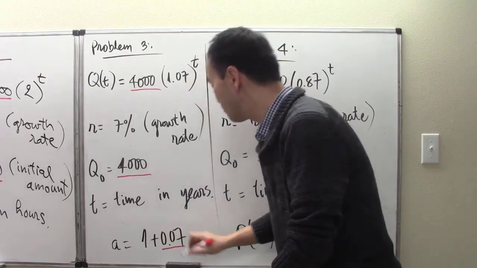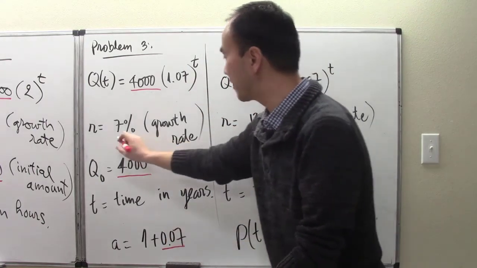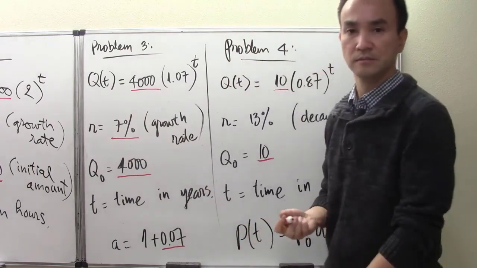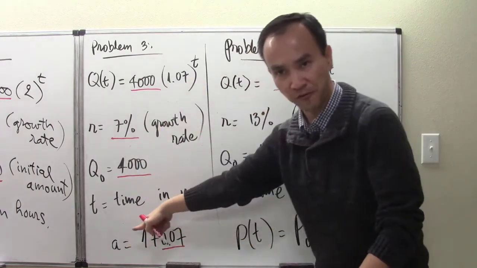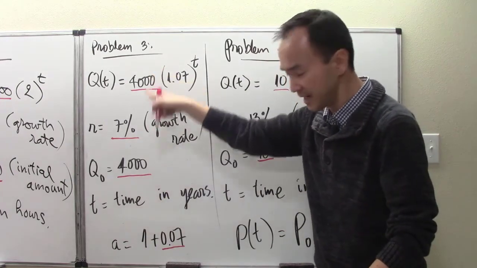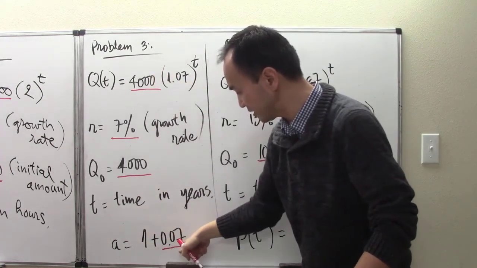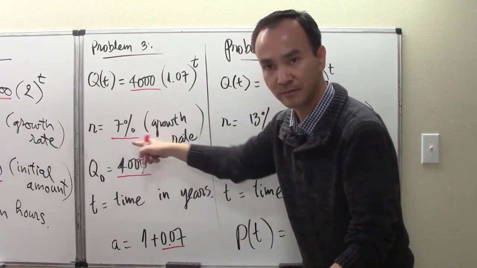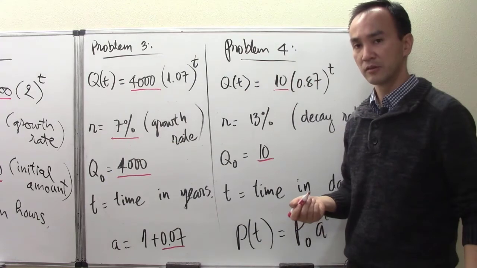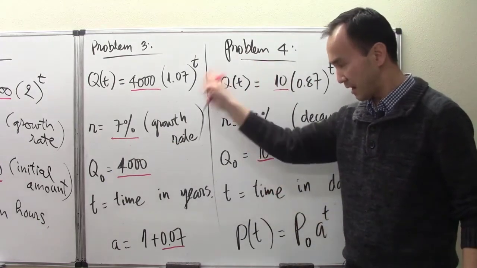And that 0.07 came out from the growth rate. So the base a in our exponential function, for this problem 3 at least, came out from 1 plus the growth rate that comes with the function.